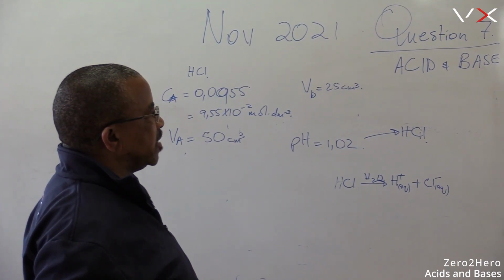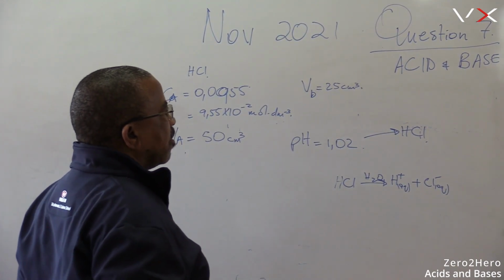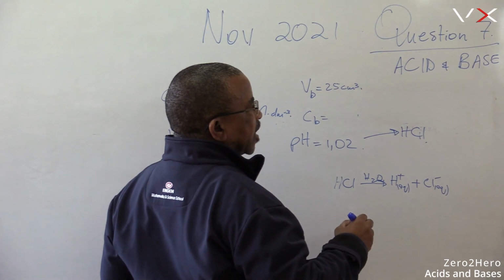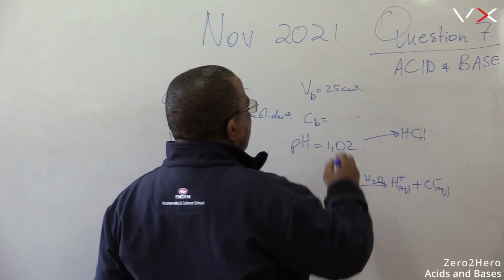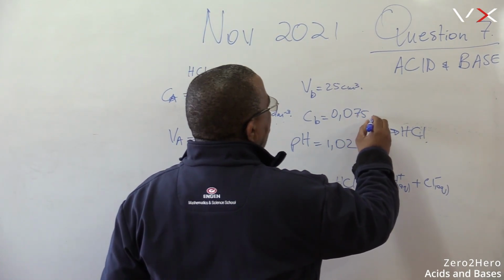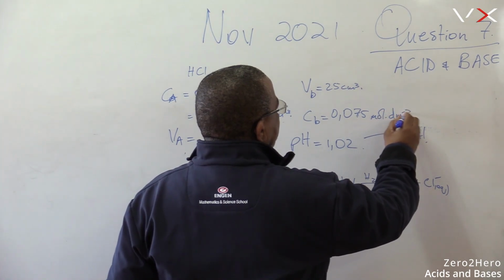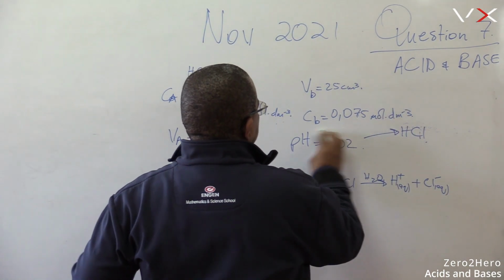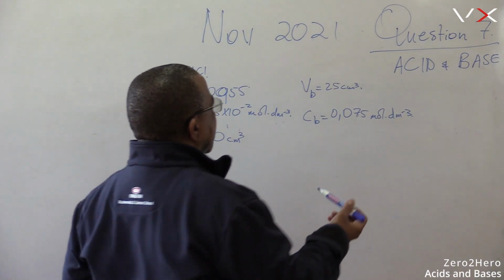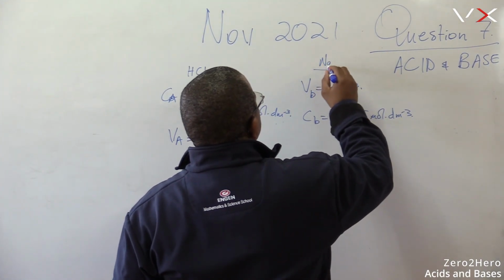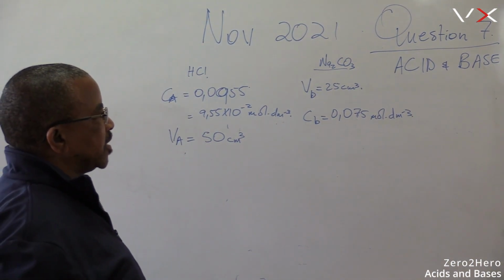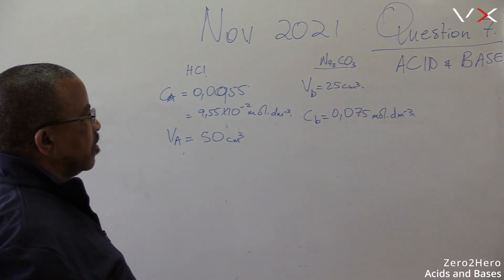The concentration of the base, it's 0.075 mole per cubic decimeter of sodium carbonate. So 50 cubic centimeter is added to 0.075 of sodium carbonate.